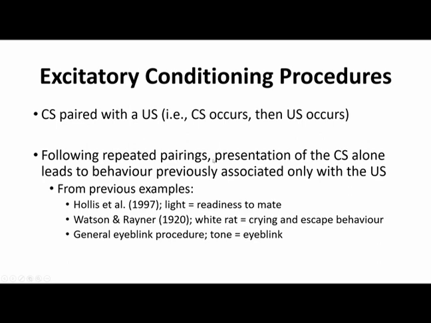So following repeated pairings, the presentation of that conditioned stimulus alone leads to behavior that was previously associated only with the unconditioned stimulus. Because we've learned to associate the conditioned stimulus with the unconditioned stimulus, we'll react to our conditioned stimulus pretty much in the same way we would react to the unconditioned stimulus. And like I said, all of our examples so far have been talking about excitatory conditioning procedures.